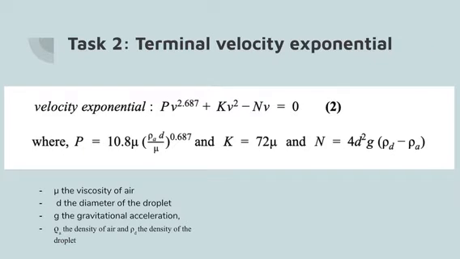The second task is to write a function for the terminal velocity in Python, and this is a little bit more complicated since this expression is an exponential and no longer a polynomial, so we can use the scientific Python library scipy.optimize and the function root in that library to calculate the roots to this nonlinear equation. And then using the velocity and diameter from the previous 2 tasks, we can write a function for the position.